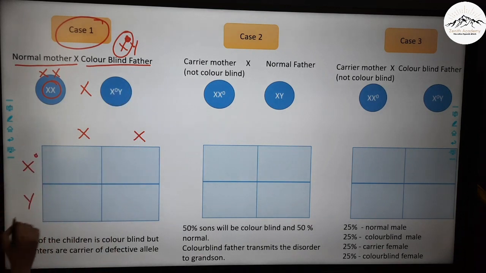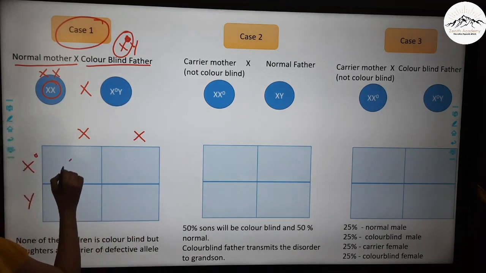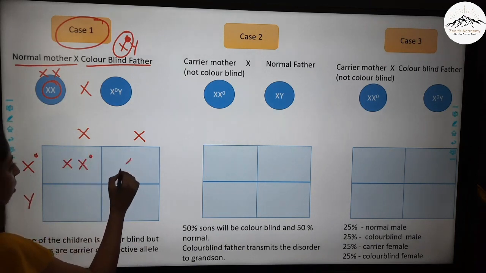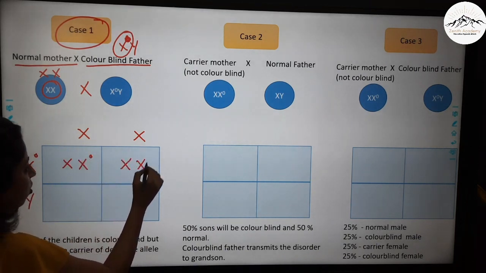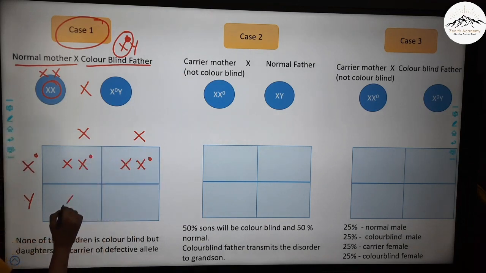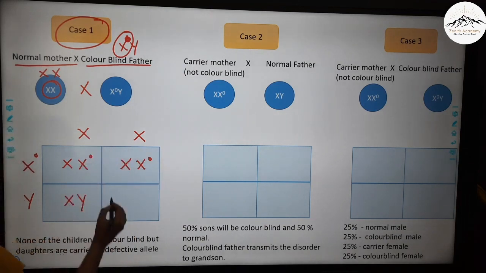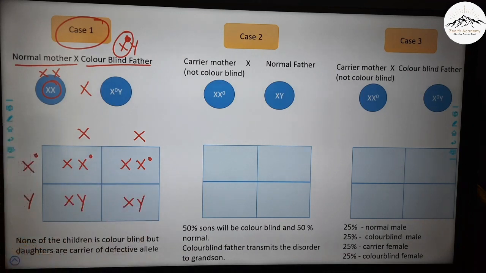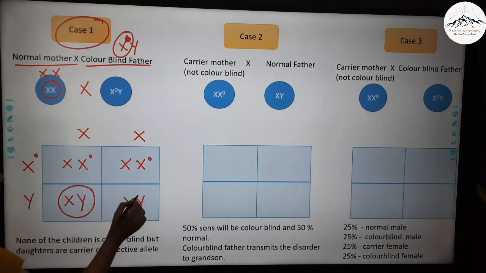Now when these gametes are fused, we get X naught X here, here also we get X naught X, here we get XY, and here also we get XY. So here you can see that this is a normal male, this is a normal male.